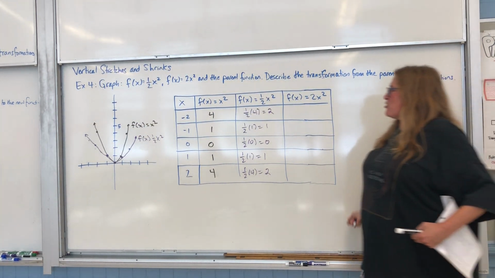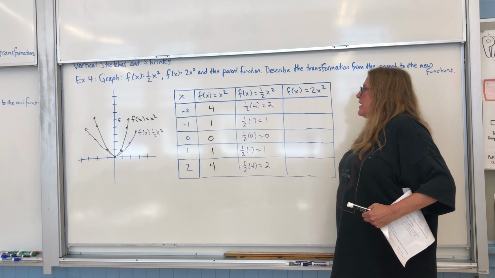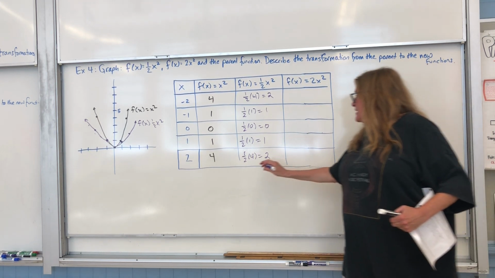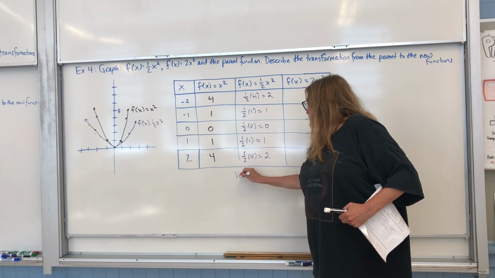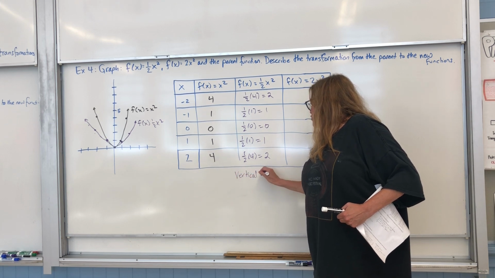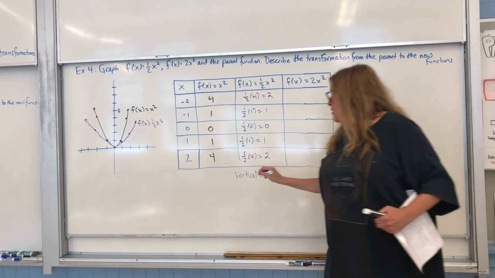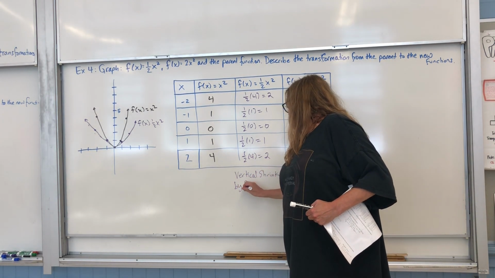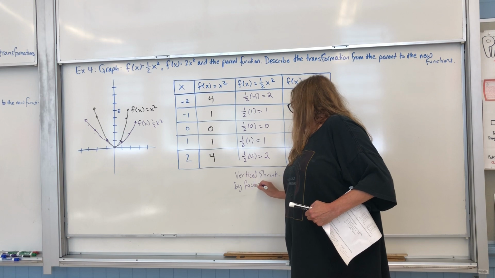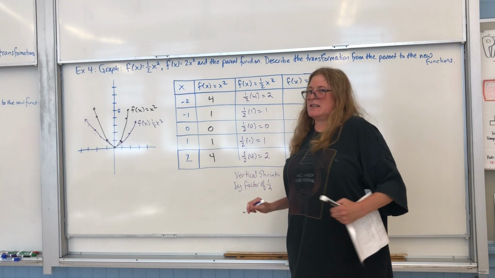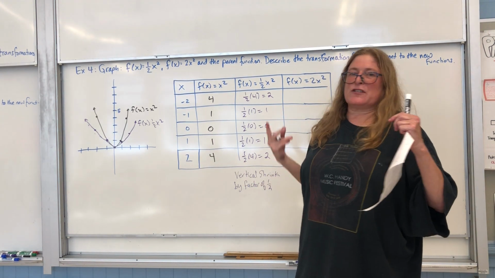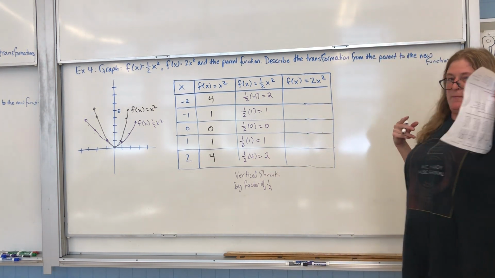Right? So it's actually half as tall as the parent function. So what we're going to say is a vertical shrink, and when we want to say half as tall, we're going to say by a factor of 1/2. That's another way of saying half as tall, but in a sophisticated way.